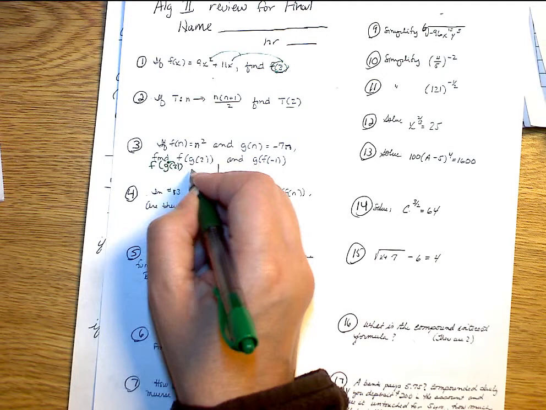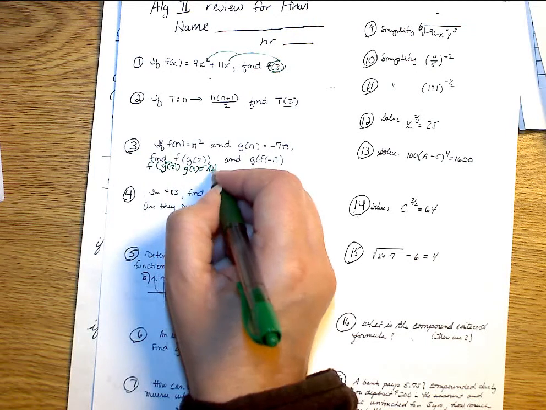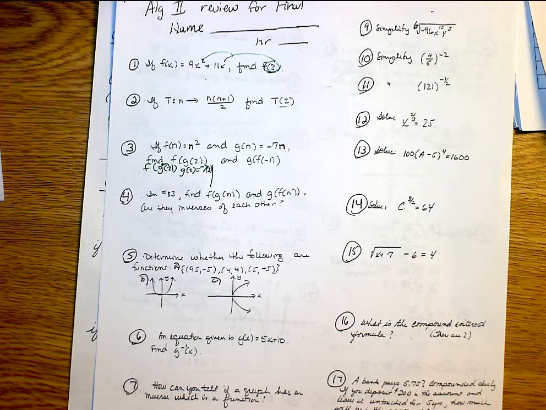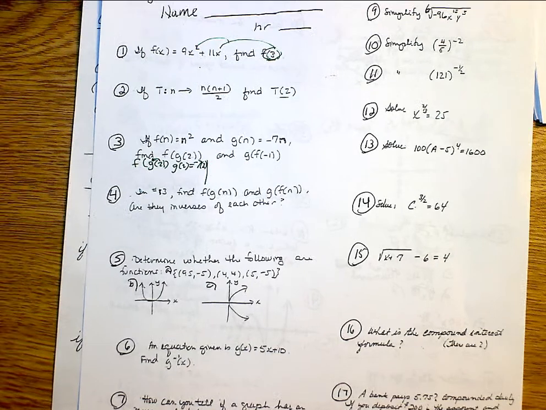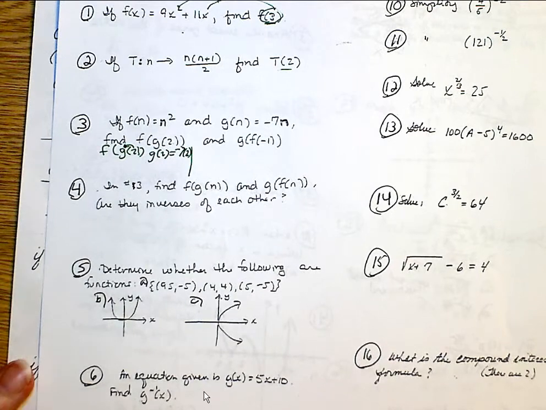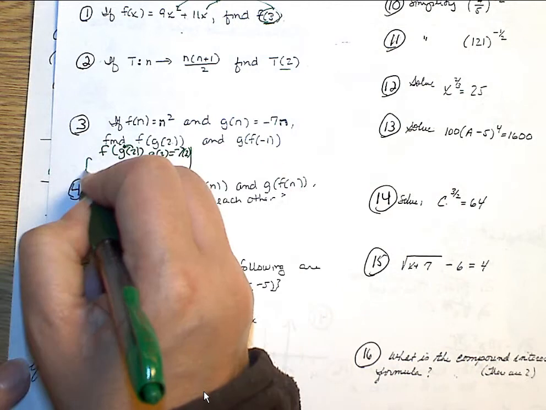That means g of 2 is equal to negative 7 times 2. What is negative 7 times 2? Negative 14. So we're going to do f of negative 14.